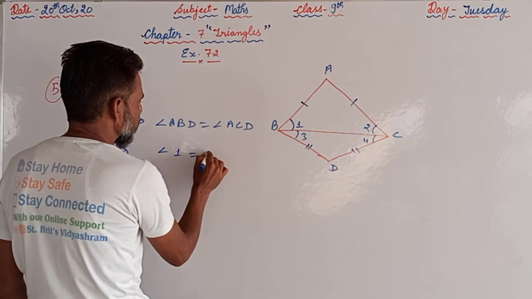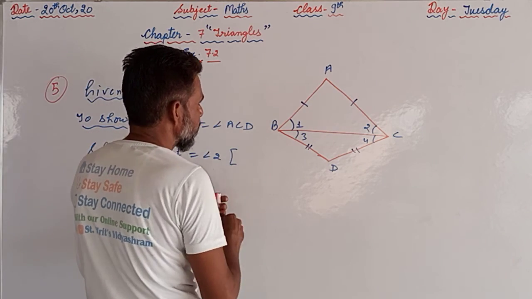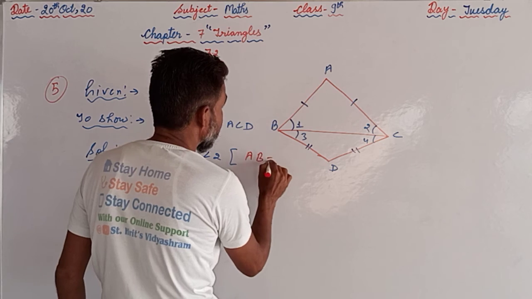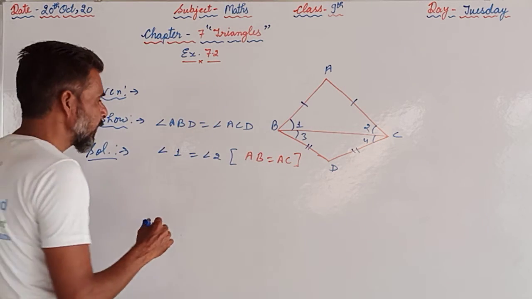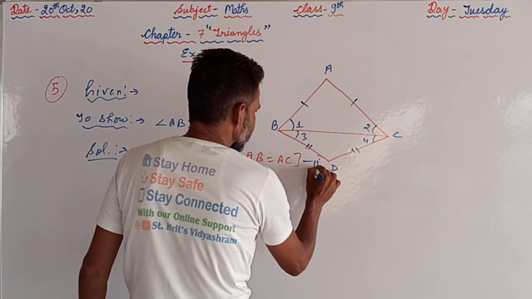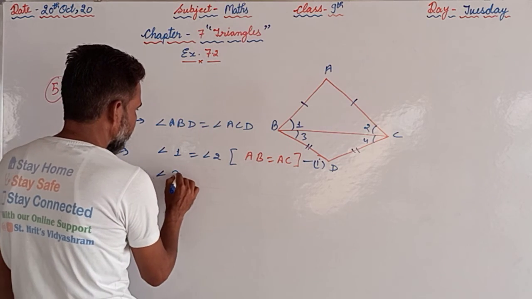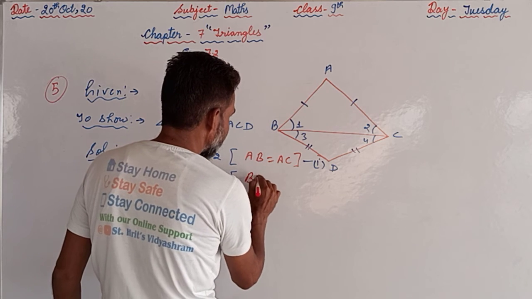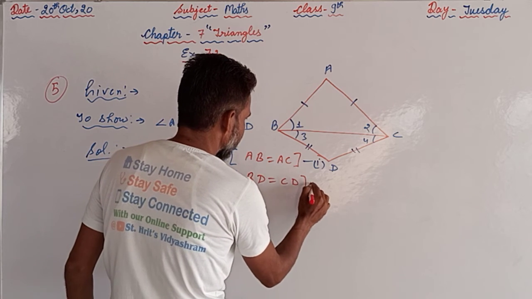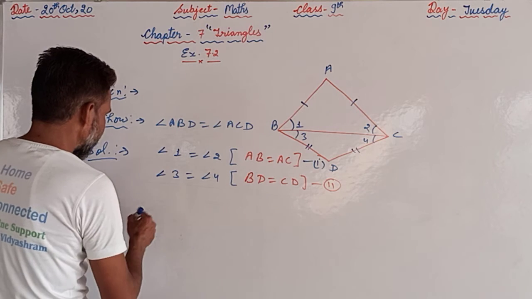Angle 1 is equal to angle 2, because it is given that AB is equal to AC. So the angles opposite to equal sides of the triangle will also be equal, that is equation 1. Then angle 3 will be equal to angle 4 for the same reason, because BD is equal to CD, that is equation 2.